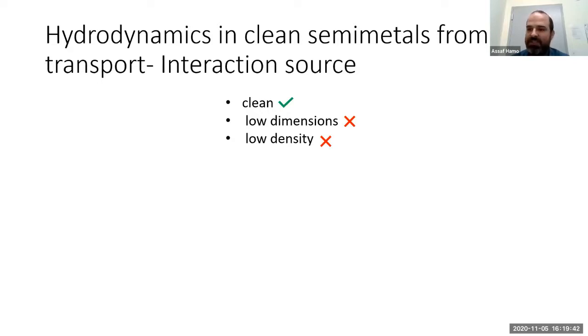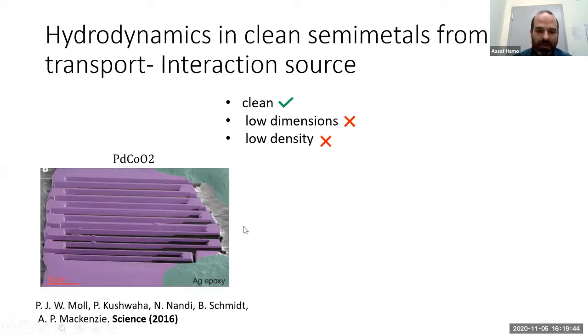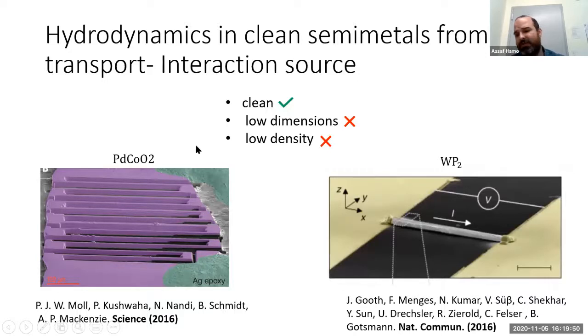Yet there are some signatures of hydrodynamic effects in those semi-metals, in palladium cobaltite and in tungsten phosphide. Just using transport, they have shown non-ohmic behavior of the flow of the electrons in those systems. So again, it's unclear how you would get those effects where in general you shouldn't expect very strong Coulomb interactions in the system.